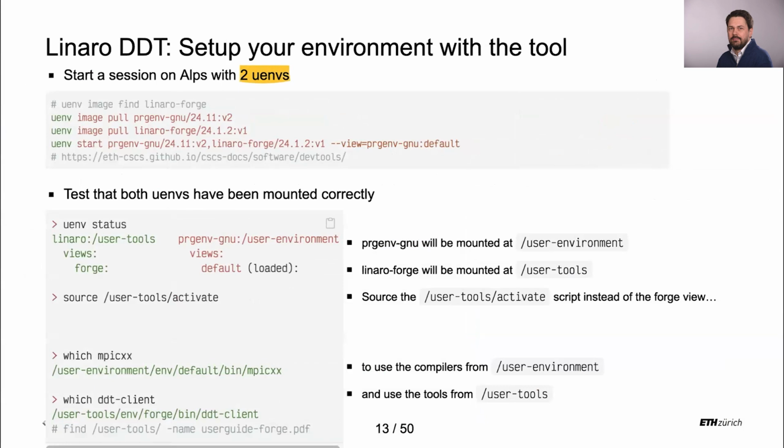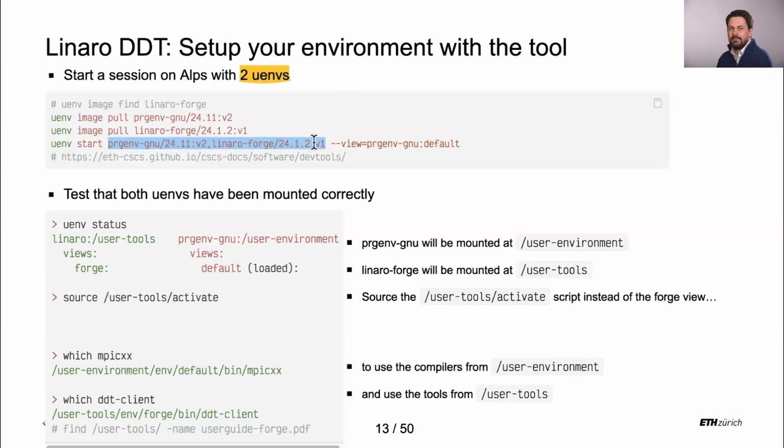So the tricky part is that if you want to use Linaro at CSCS, you have to load two user environments. And the motivation here is that we don't want to add the tool in every possible user environment that we deliver to the users.